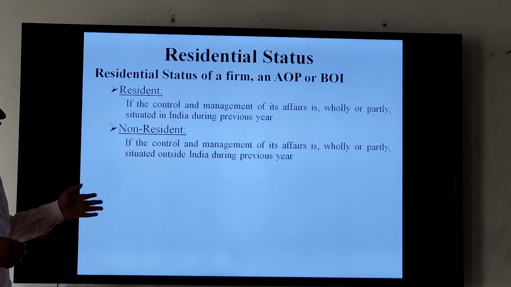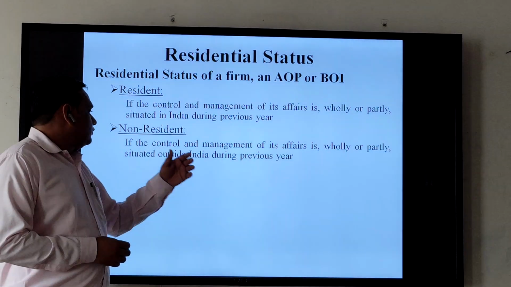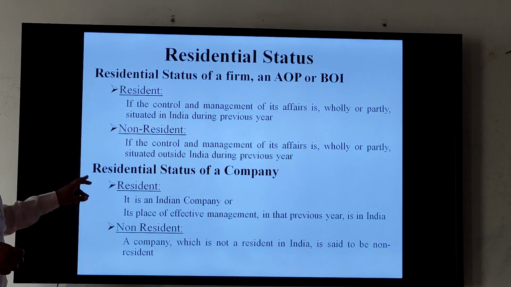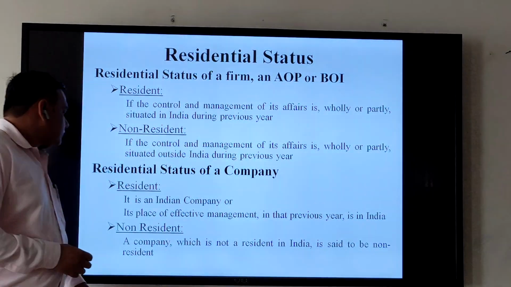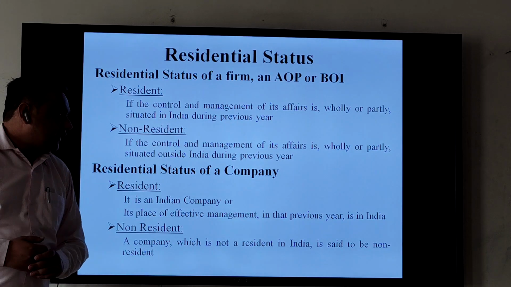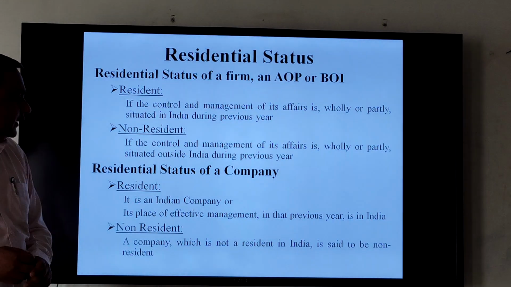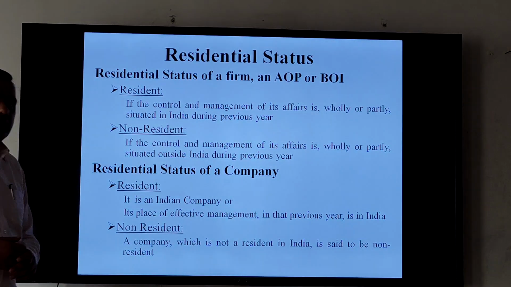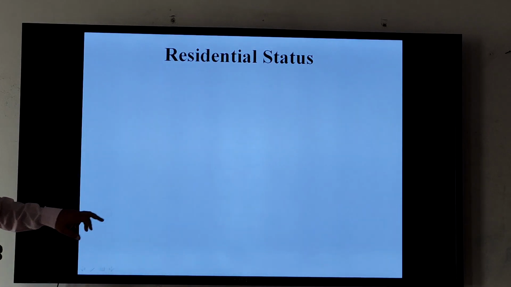In case of non-resident, control and management must be outside India during the previous year. Likewise, for a company, if it is an Indian company, the place of effective management in the previous year must be in India, and a company which is not resident in India is said to be a non-resident company.